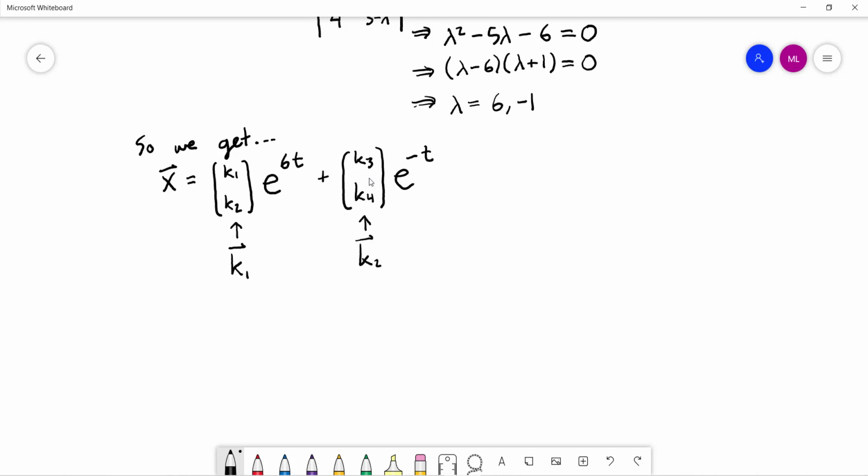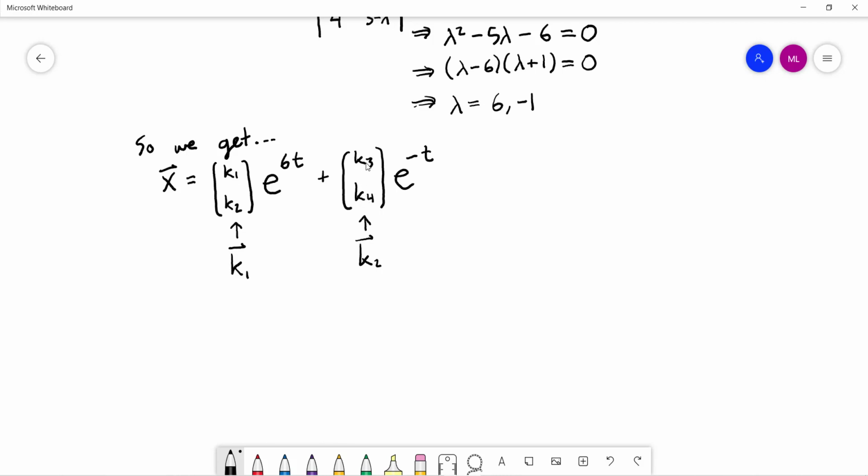I know this notation is a little confusing. K1 and k2 here are just entries within a vector. So they're scalars. This is just some number, just some other number. But what that means is this whole thing is just some random constant vector. It's a vector with two numbers in it. Let's just call that whole thing the k1 vector. Same thing's going on over here.